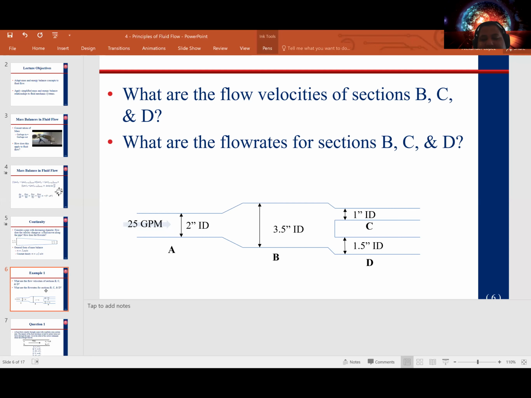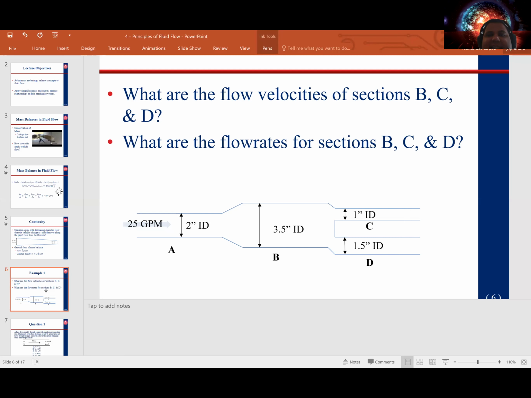The diameter of pipe section B is 3.5 inches, C is 1 inch, and D is 1.5 inches. So the question is, what are the flow rates of sections B, C, and D, and the velocities of flow in sections B, C, and D?